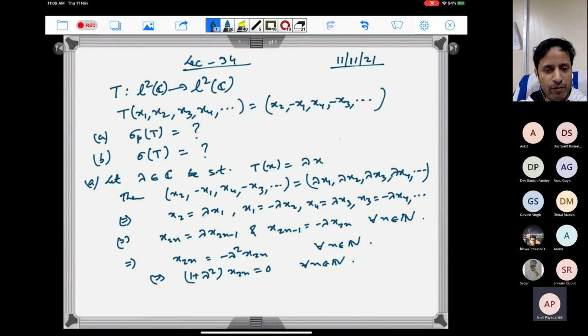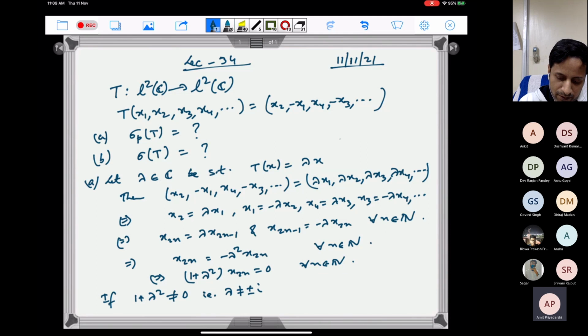So now if 1 plus lambda square is not equal to 0, that is, lambda is not equal to plus or minus iota, then this is non-zero, so x2n has to be 0 for all n.